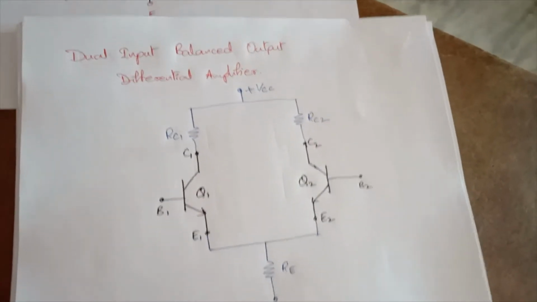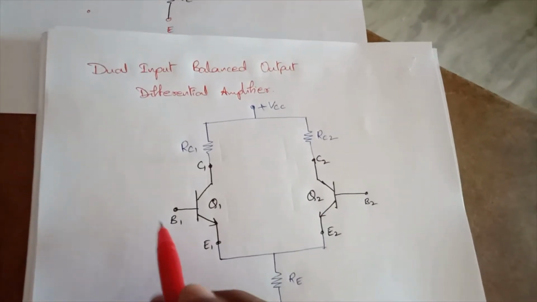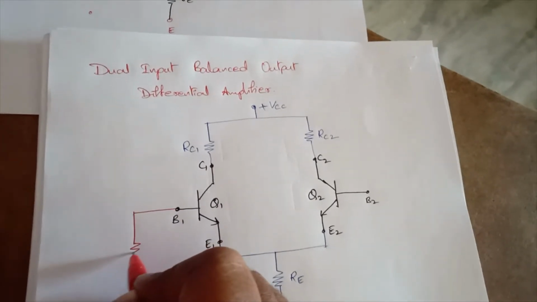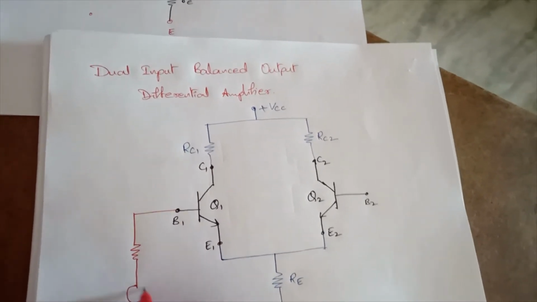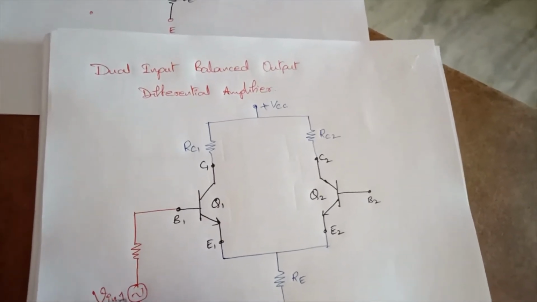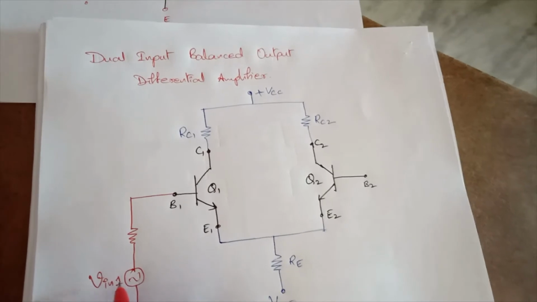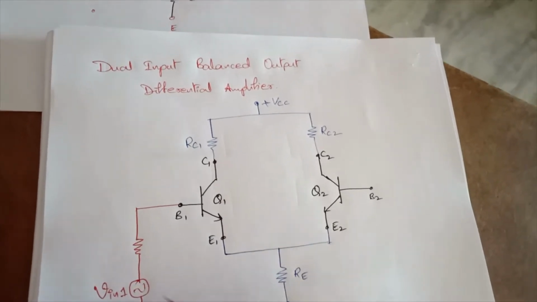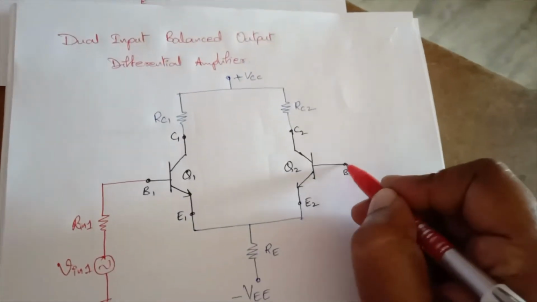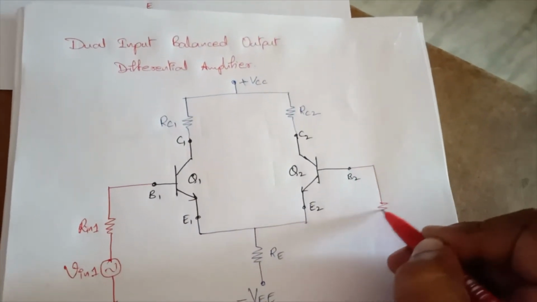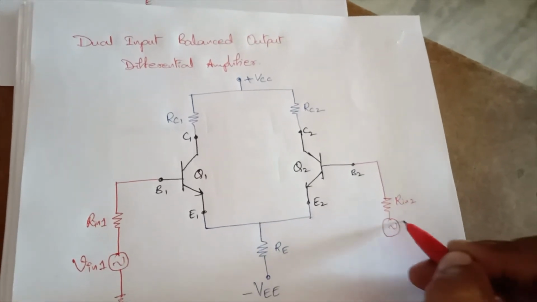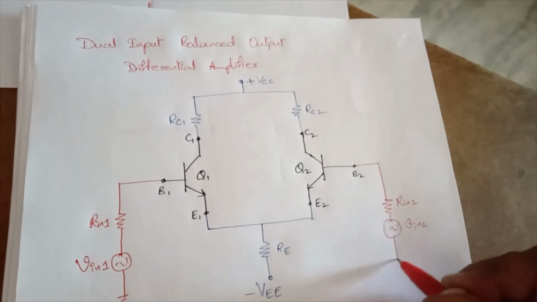Here we are giving two inputs. One is at the base 1 terminal, and the input I take as V in 1. It is an AC signal, that's why I write it in small letters, V in 1 through R in 1. So this is one input, and another input we give through R in 2 with AC source V in 2, grounded.